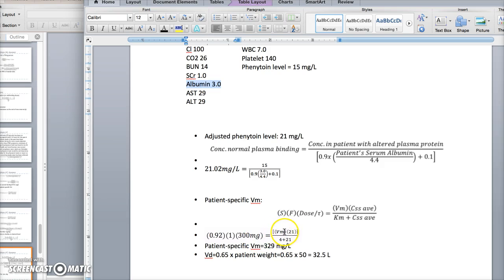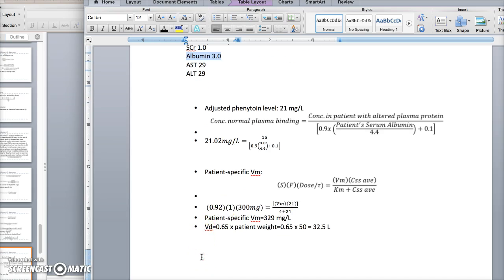Vm is here, 21 is the adjusted phenytoin level, 4 is the Km, plus the adjusted phenytoin level. So the patient-specific Vm came out to be 329 milligram per liter. And I calculated the patient's specific volume of distribution: 0.69 times the patient's weight, which was 50 kilos, came out to be 32.5 liters.